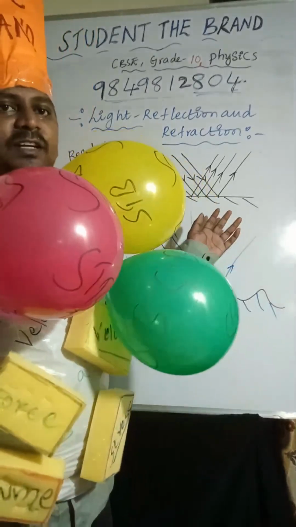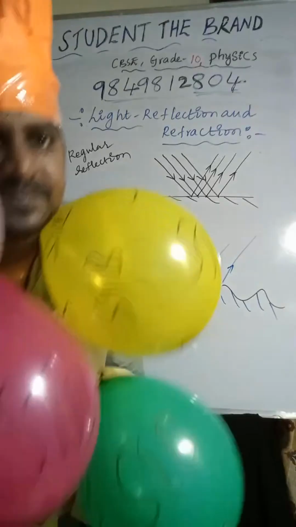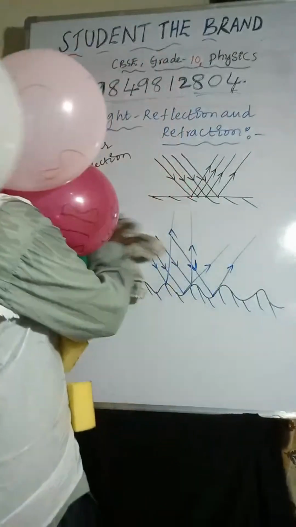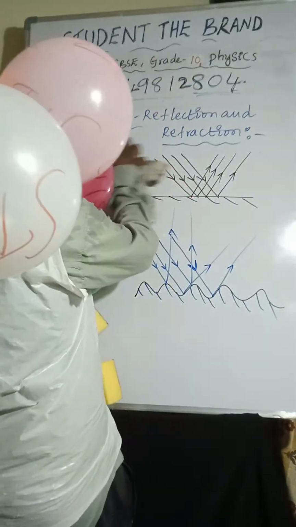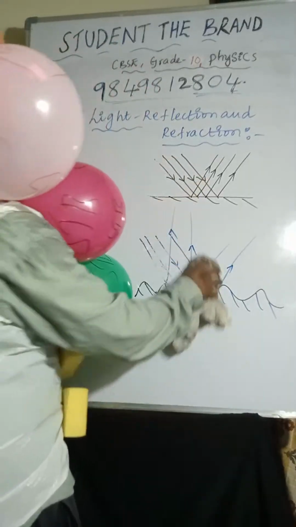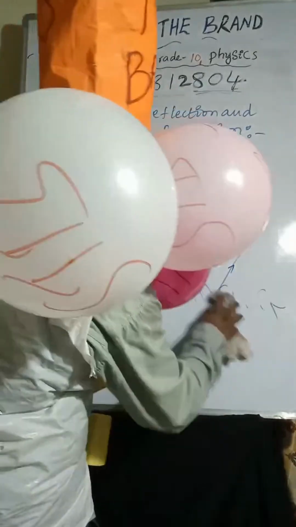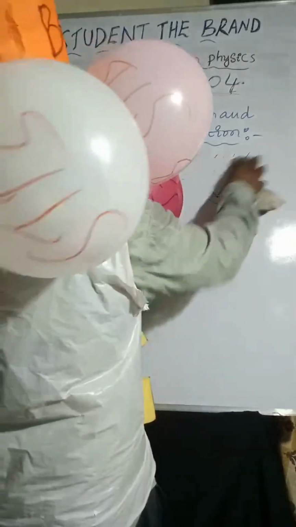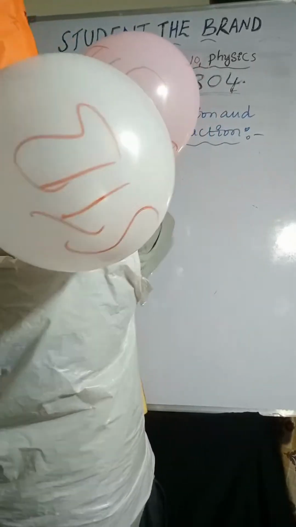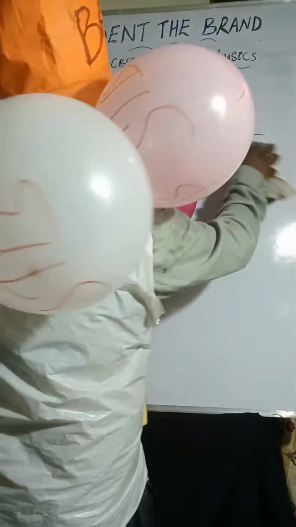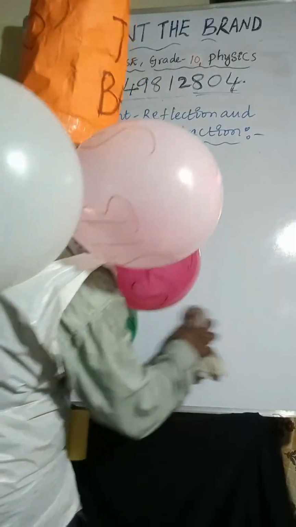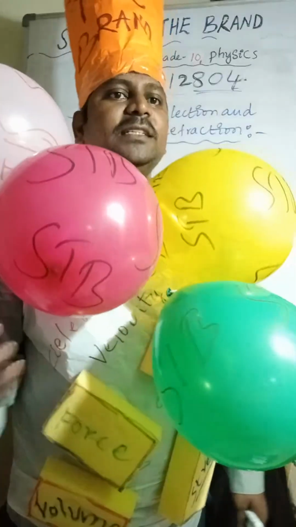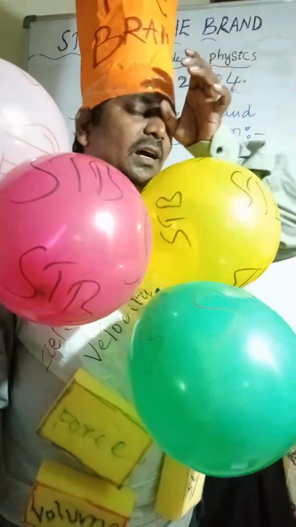Okay, so regular reflection and irregular reflection are completed. Next we will discuss image and object.